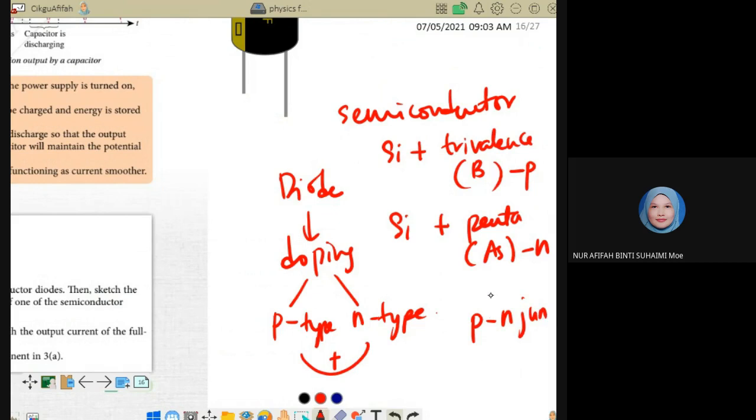In between the P and N-type there is a depletion layer.